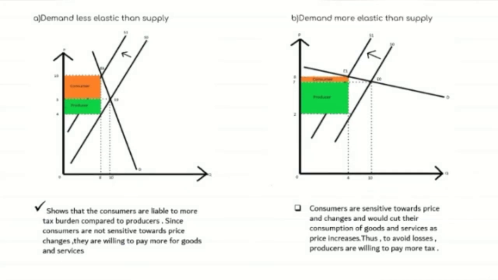On the other hand, when demand is more elastic than supply, consumers are sensitive towards price changes and would cut their consumption of goods and services as price increases. Thus, to avoid losses, producers are willing to pay more tax.